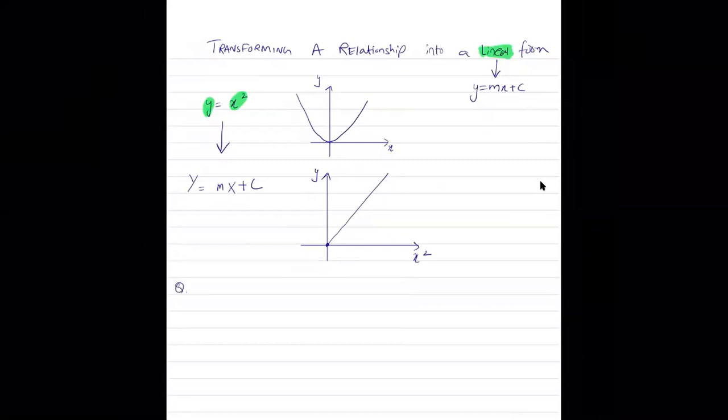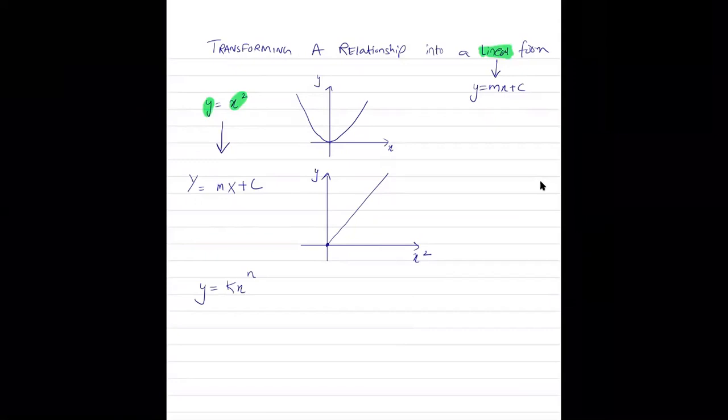Okay. Now, for example, you have non-linear equations such as exponential equations, y equals to kx to the power of n. And in these kinds of equations, we use log.